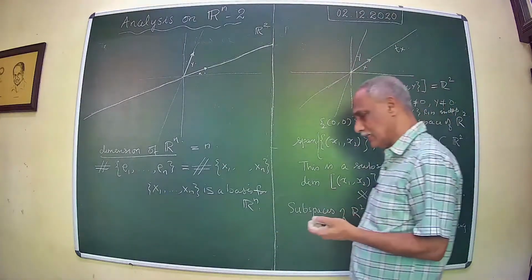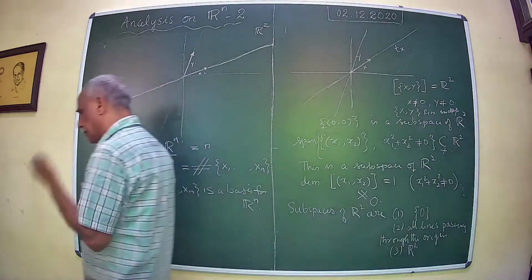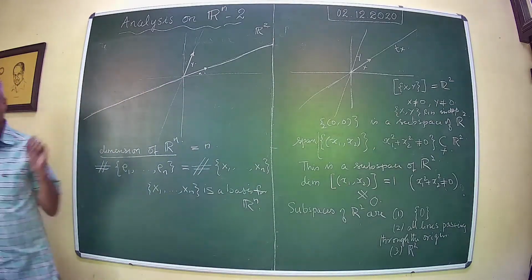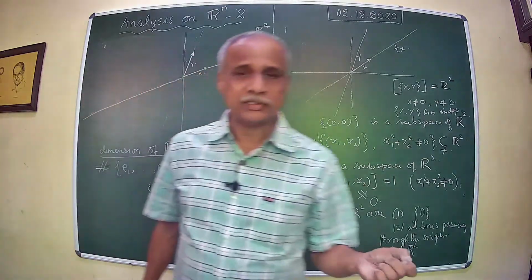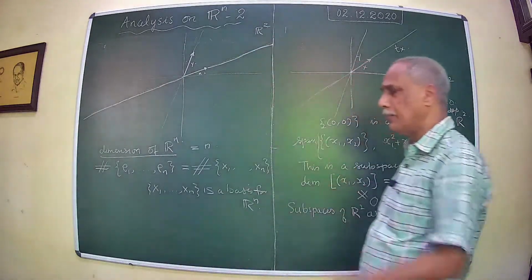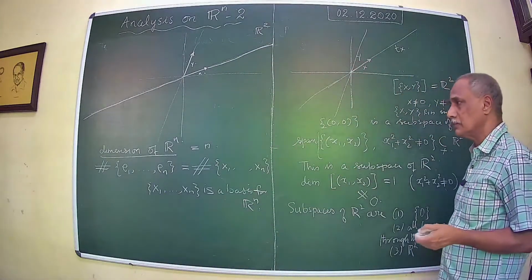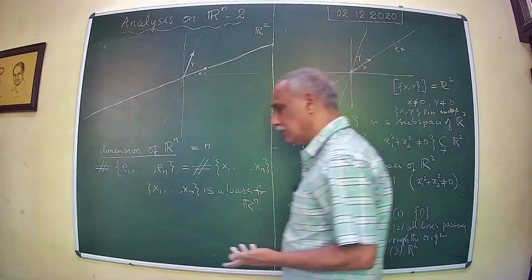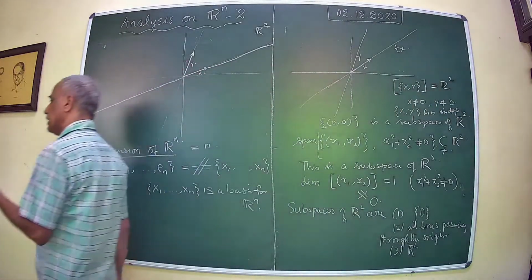If you take k linearly independent vectors in Rn, then the subspace spanned by them forms a subspace of Rn whose dimension is equal to k.